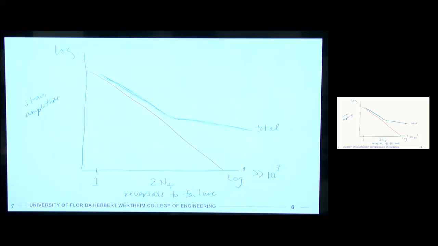So if I draw that line, that's my plastic line that I had before, right, with this expression of, I'm just going to write it here, right, delta epsilon plastic divided by 2 is equal to this coefficient times 2Nf to the c. Yes. Okay.